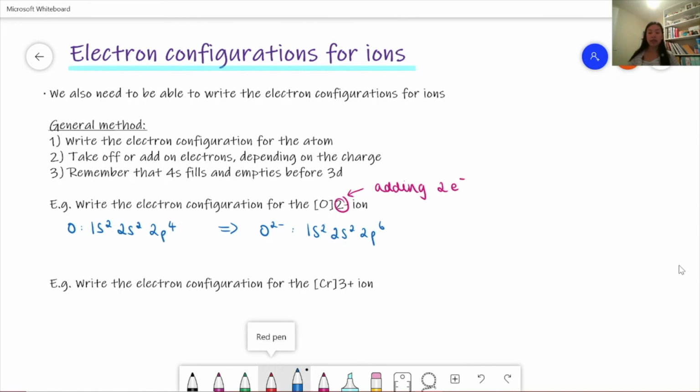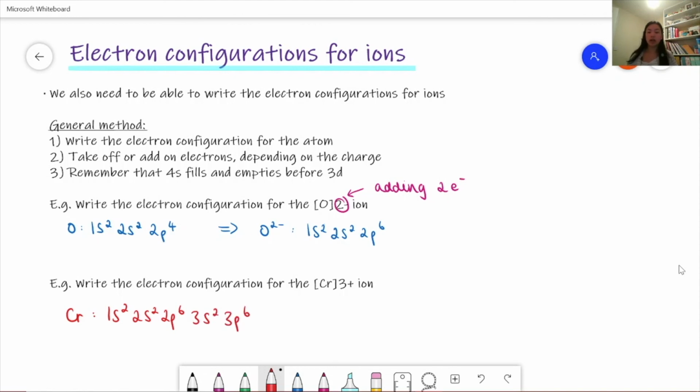And then the second example we're going to look at is the electron configuration for the chromium 3+ ion. So firstly, looking at chromium, we need to remember that this is an anomaly because it likes to have 1 electron in the 4s instead of 2. So we have 1s2, 2s2, 2p6, and then 3s2, 3p6.